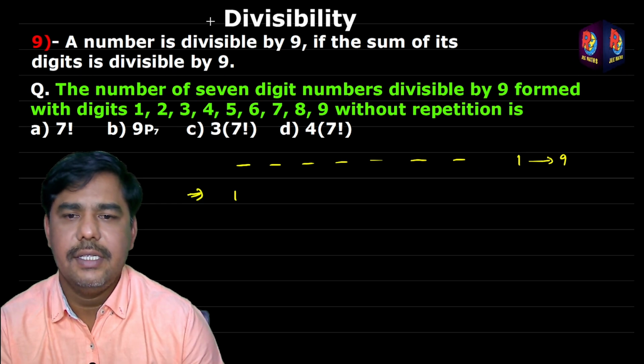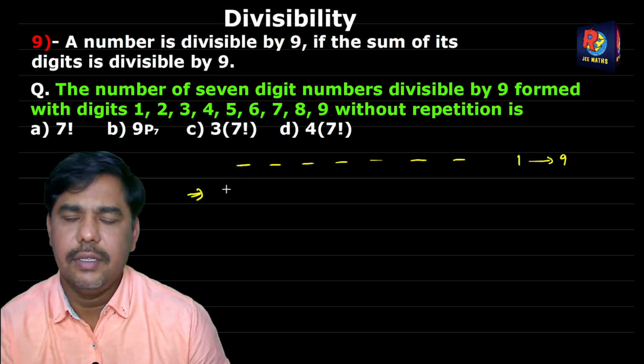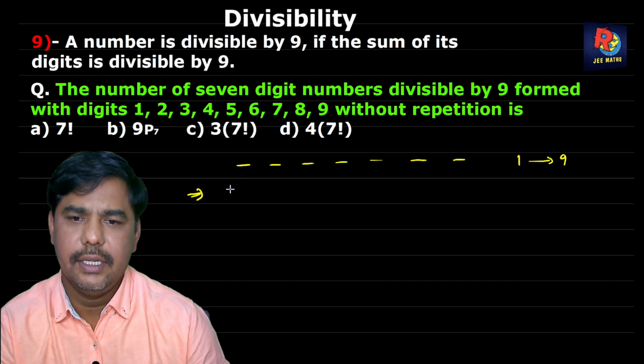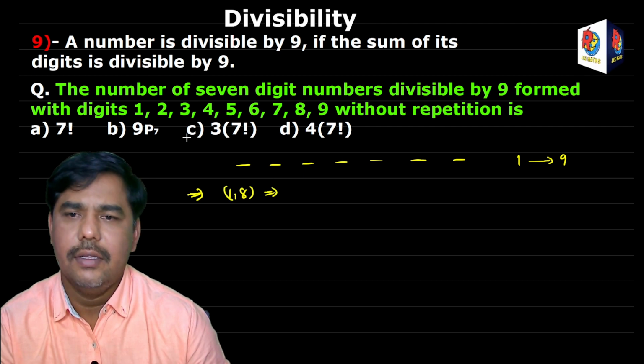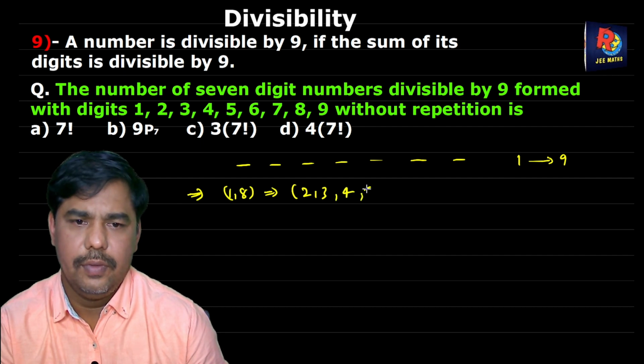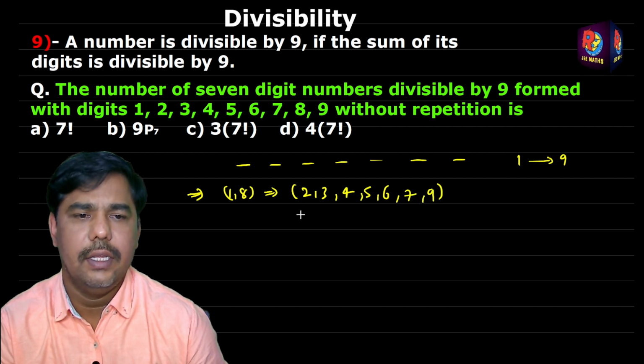The total is 9 digits, so 2 digits I need to eliminate. If I eliminate 1 and 8, the remaining digits are 2, 3, 4, 5, 6, 7, 9.